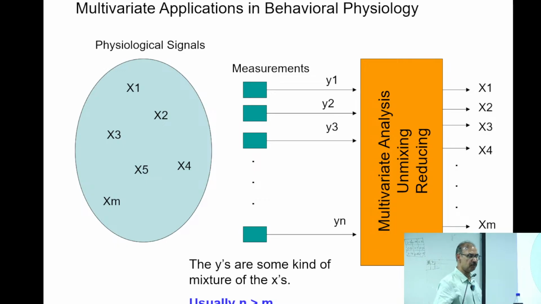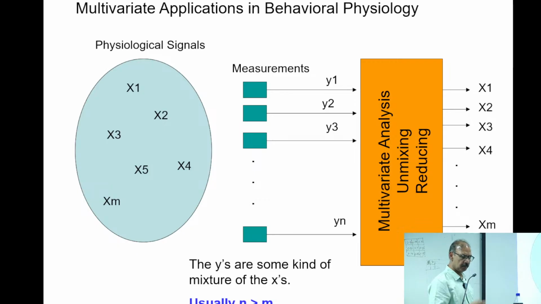But the assumption we make is that n is much greater than m, right? The number of independent measures that you are trying to find is much less than the number of observations.